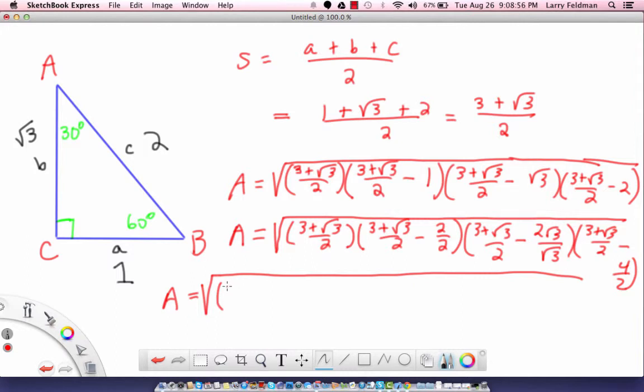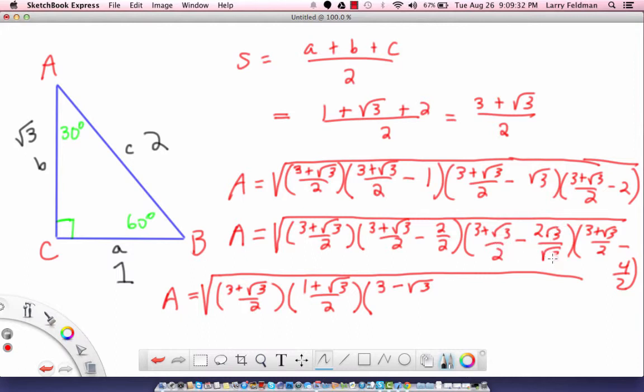We get 3 plus root 3 over 2 times, now we can subtract these numerators, so this is 1 plus root 3 over 2. Again, we can subtract these numerators, which leaves us with 3 minus root 3. I made a mistake here, this is a 2 here.